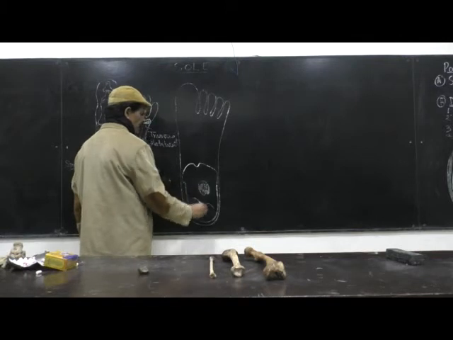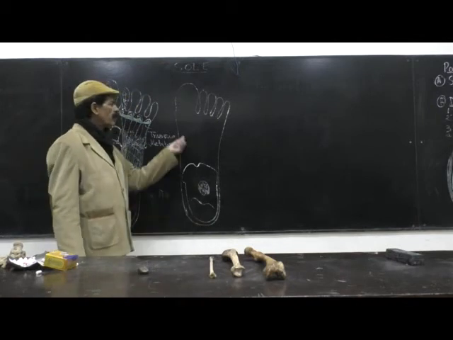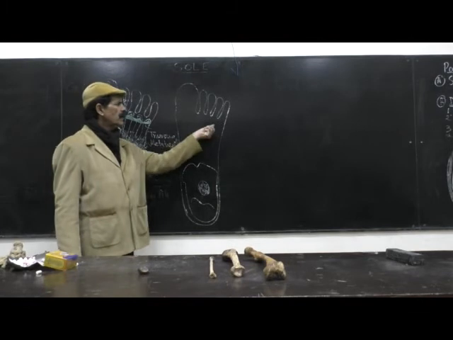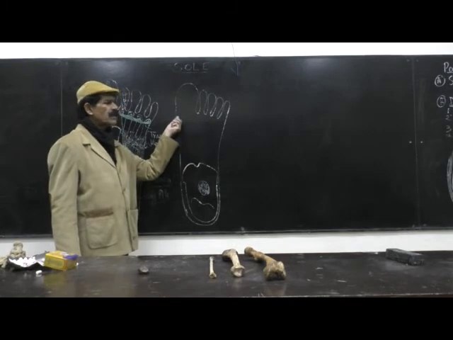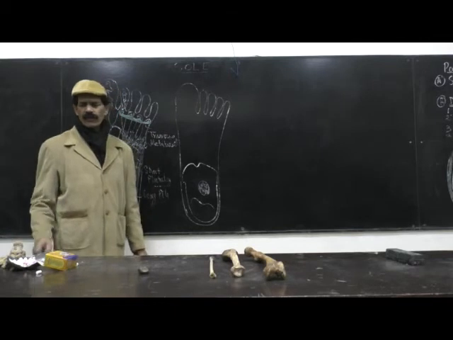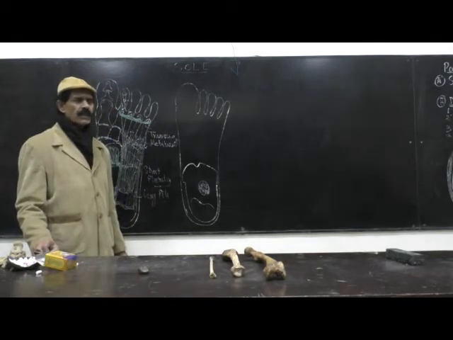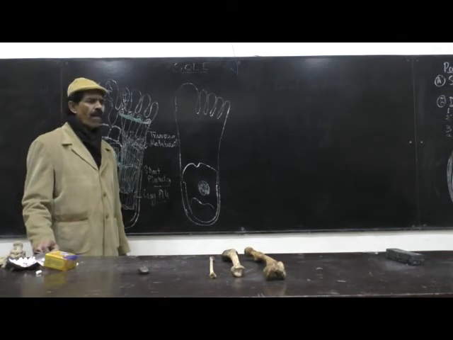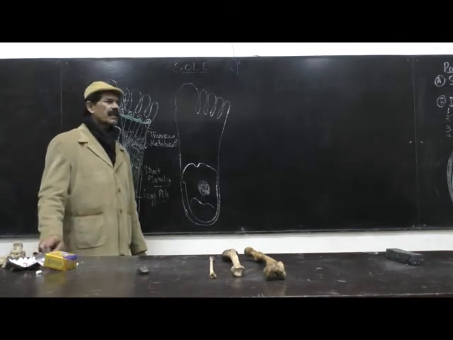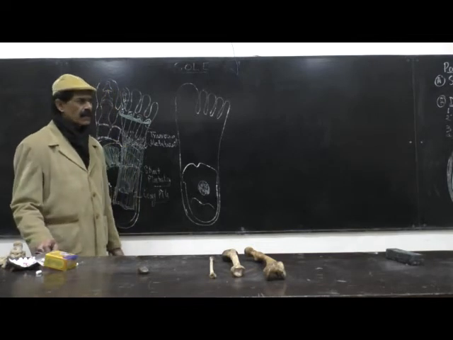For example, it is very thick over the heel, over the heads of the metatarsal bones and over the tips of the digits, because these are the areas or bones which touch the ground, and there are chances that the skin may be torn due to friction with the hard ground.